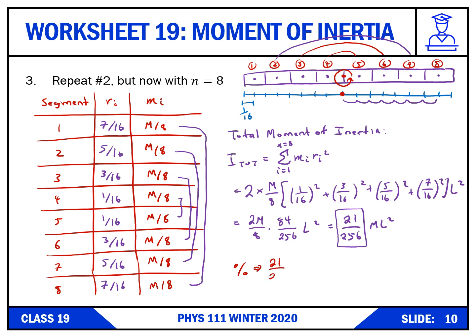We have 21 over 256 divided by 1 over 12, and we get 0.9844, which is equal to a 98.44% accuracy to the true value of K equals 1 over 12.